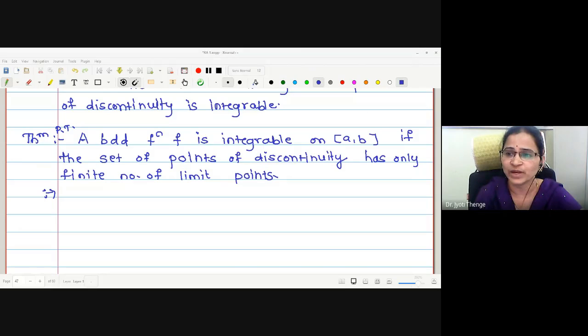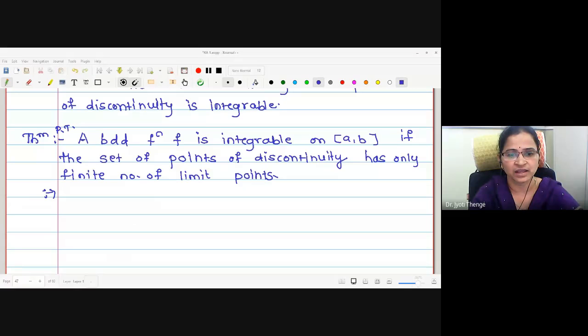If it has a finite number of points, does a limit point exist? Whether a limit point exists for a finite set, yes or no? No, it does not. Correct. For a limit point to exist, we should have infinite points in the set of points of discontinuity.